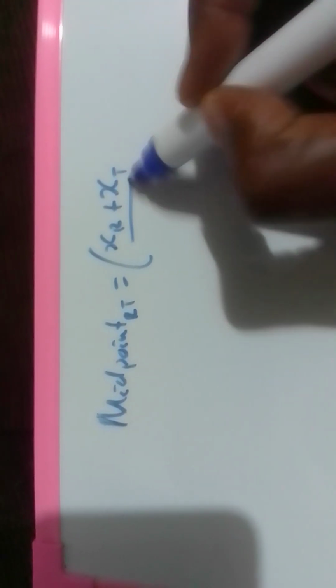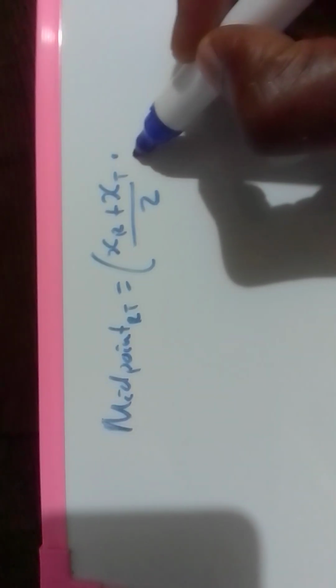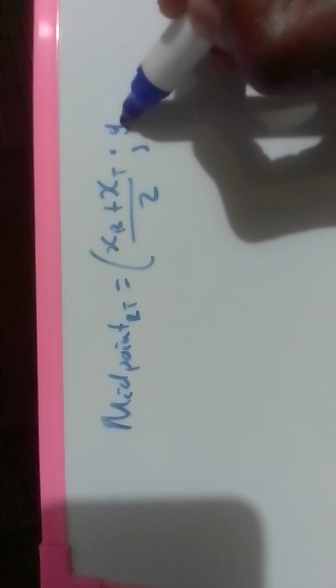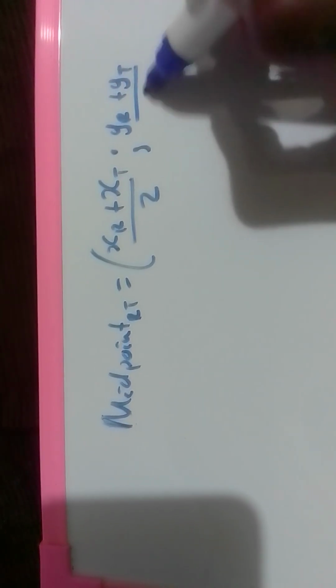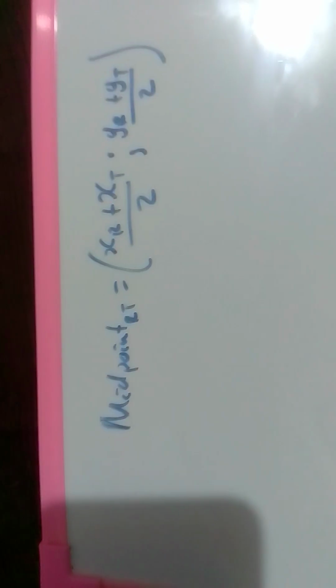is equal to x for point R plus x for point T divided by 2, and then the y for point R plus y for point T, all divided by 2. So now this is the formula.